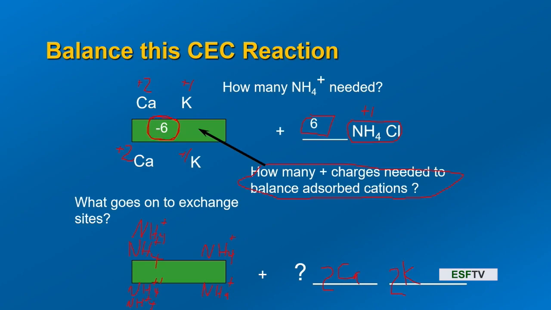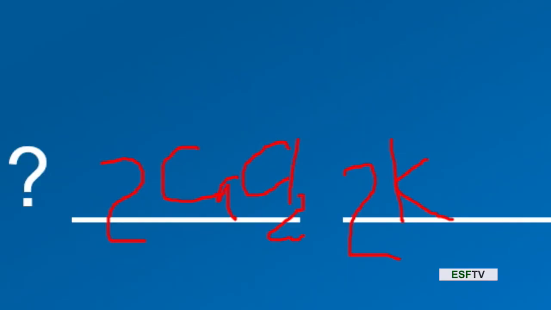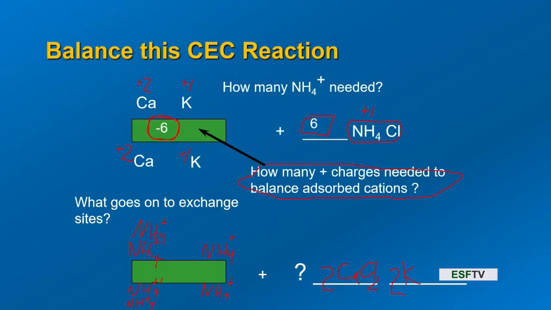Getting warm. Now, what is the anion balancing these? I have chloride, right? This is ammonium chloride. Chloride's still there. Okay? So calcium is +2. Right? So it has to come along with two chlorides. And potassium's +1. It's got to come along with a single chloride, so KCl.